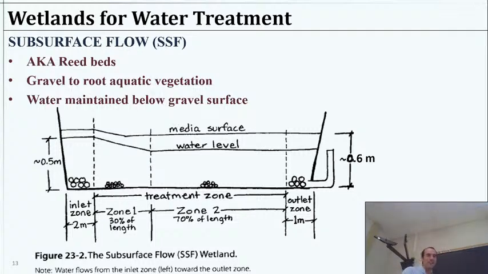Okay. Anyway, so the gravel gives pretty good surface area, not as much as all the sand grains, but good surface area for microbial action. But it's also importantly letting the roots go into there without really getting them, giving the roots a chance to be as flooded as they need to be. And in these systems, you'll see the media surface up here compared to the water level.